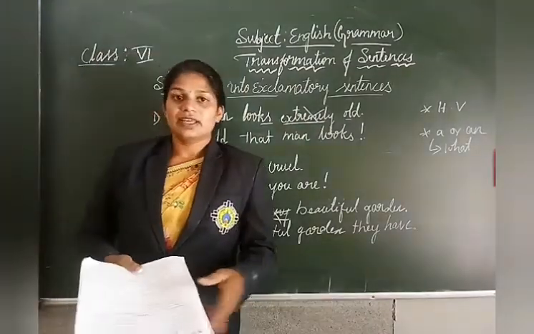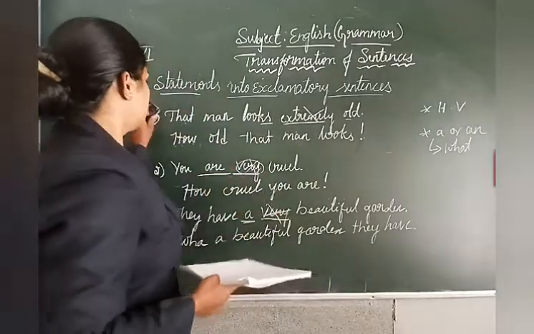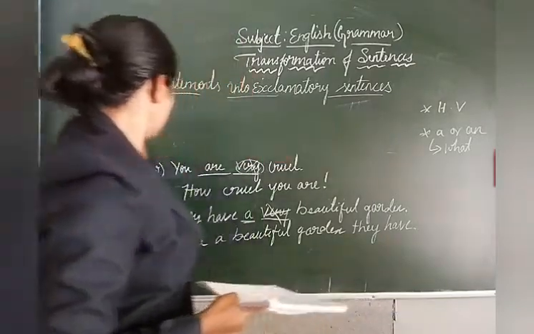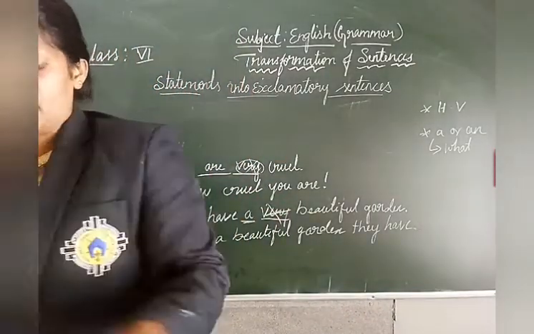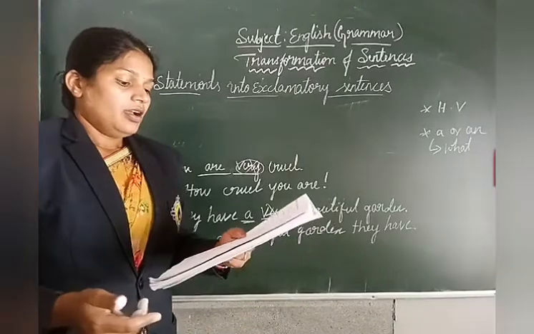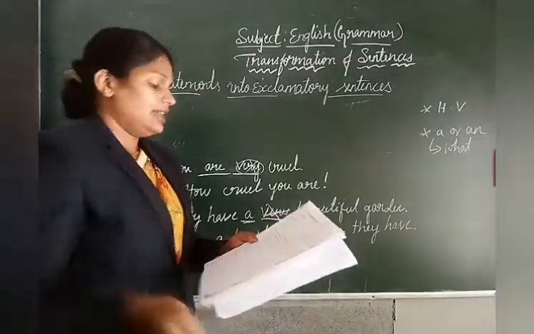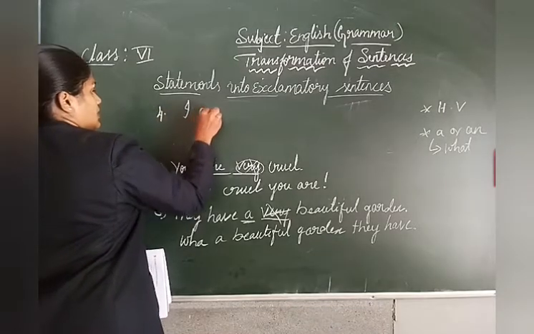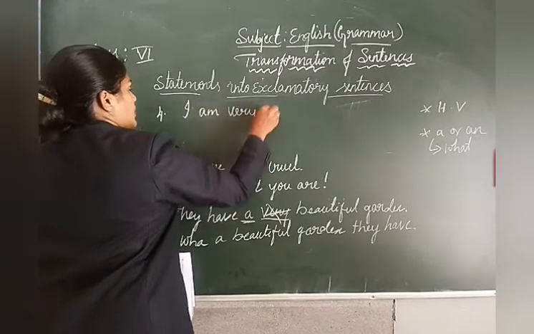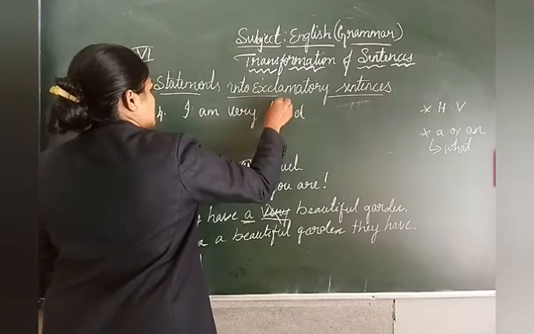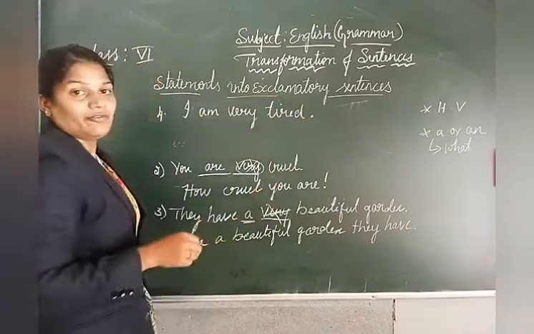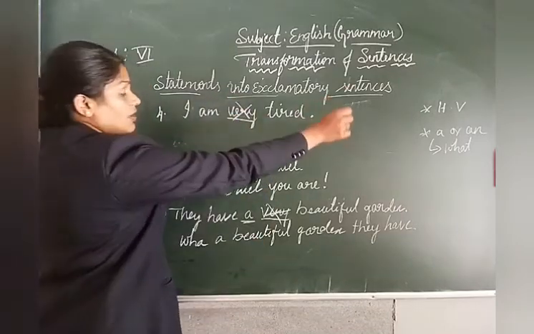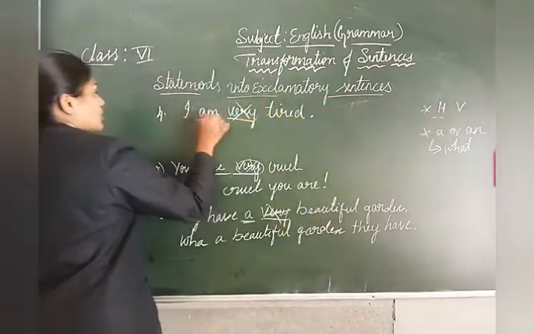One more example shall we take? Okay. The first sentence: I am very tired. So, if very or extremely is there, you have to cross it out and find the helping verb.